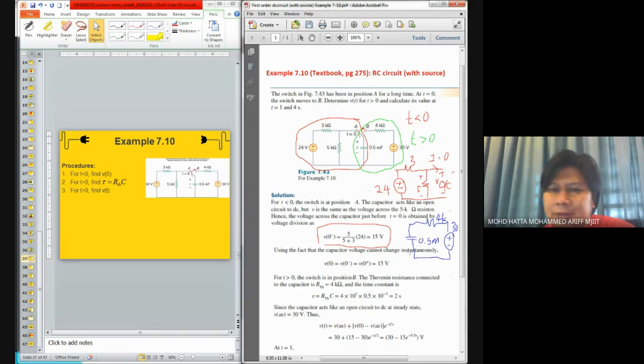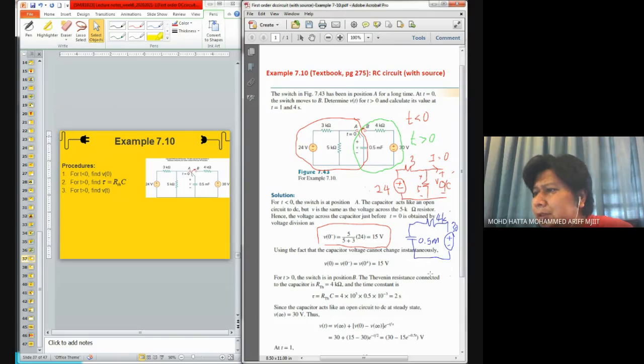Same goes for the capacitor, but in your case, maybe I'll put only one capacitor in your circuit. However, just for your information, if you have more than one capacitor, you also need to combine all the capacitors so that we can draw a circuit which looks like this. Only 3 elements over here.